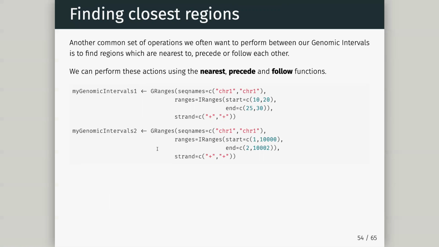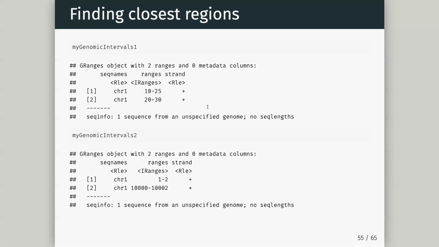We know that we want to say this enhancer regulates its closest gene. We could use something like nearest for this. So we'll just create two genomic intervals, shown here: chromosome 1, 10 to 25, and 20 to 30. And then on chromosome 1, one which is going to be kind of close, and one which is a fair distance away. So this one's going to come before these regions, and this one's going to be quite a lot after.